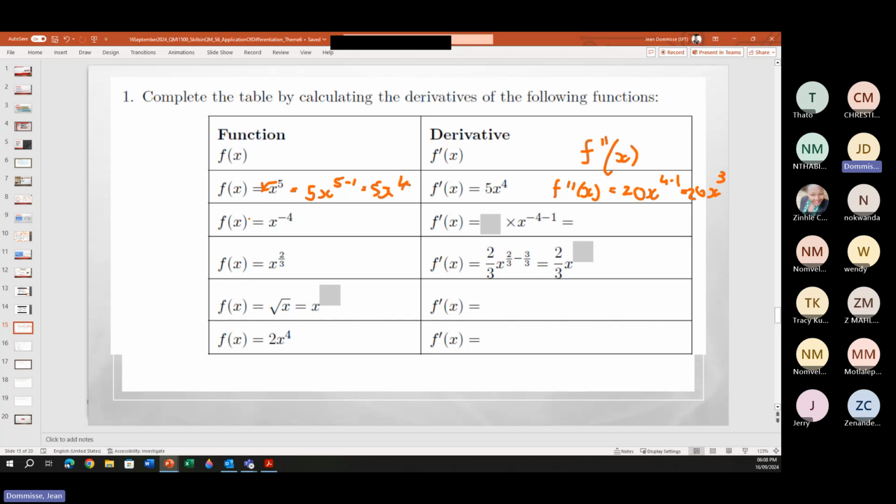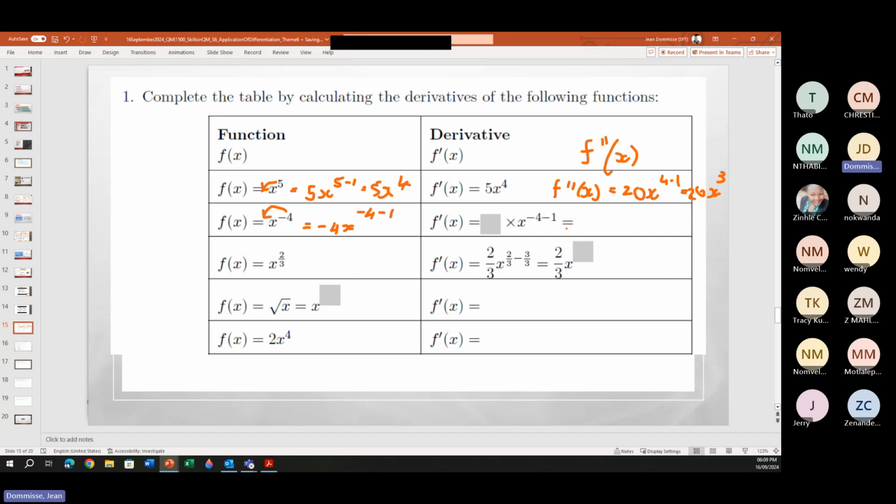Where it's a negative, we follow the same process. We take the negative to the front, so that's minus 4x, and then we just say minus 1. We don't suddenly say plus 1 or anything. We keep the process the same. Take the exponent to the front, the exponent minus 1.